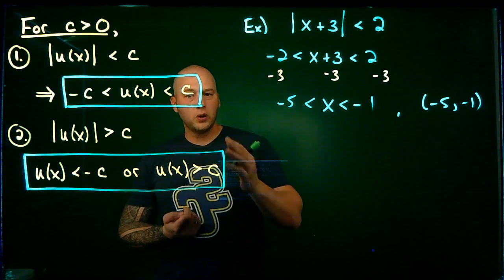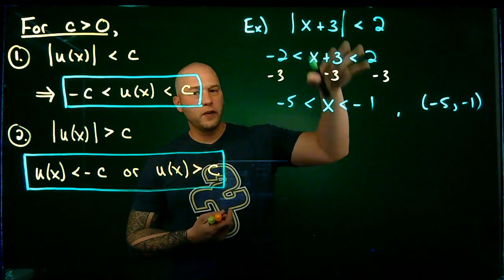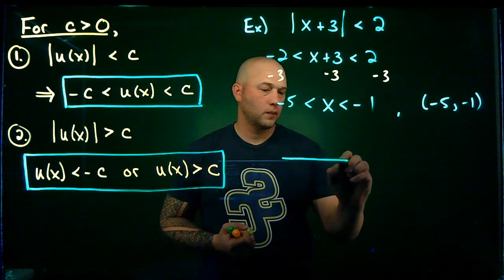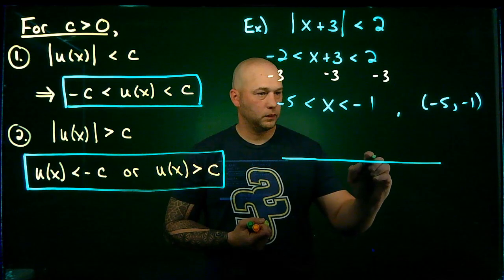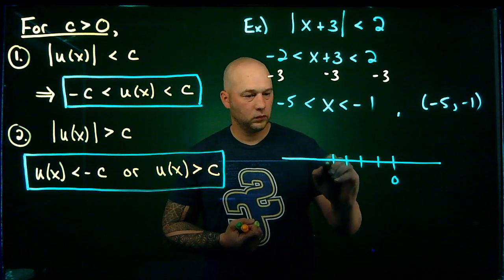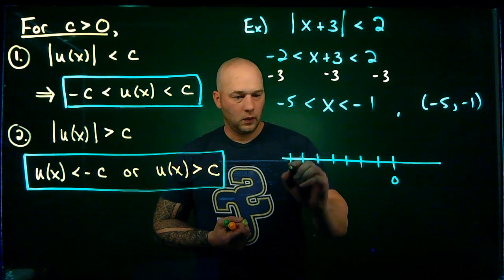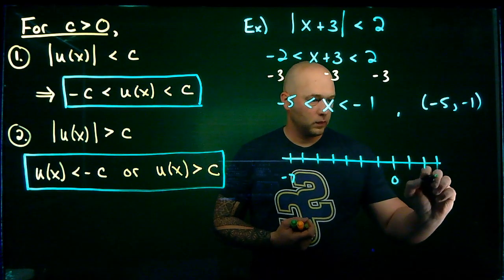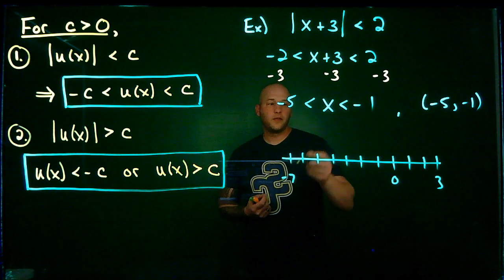Now, before I do a second example, let's revisit this one and look at a number line. Okay, so let me go from -7 to 3.